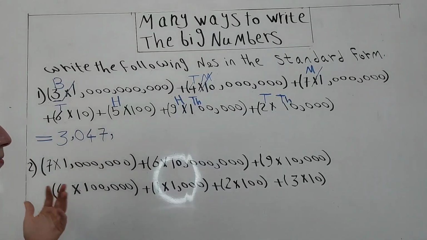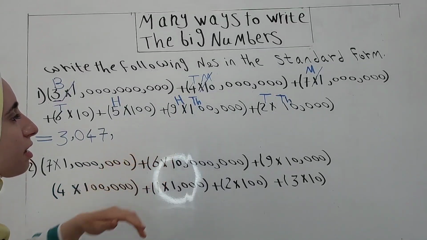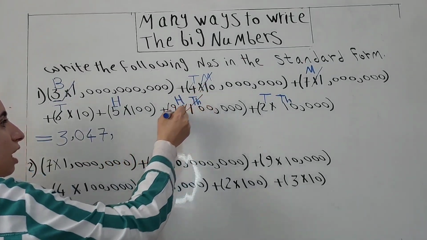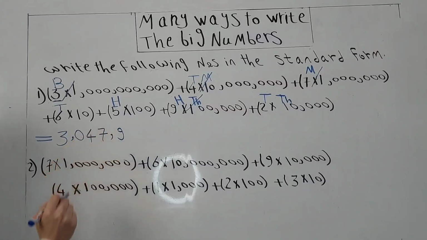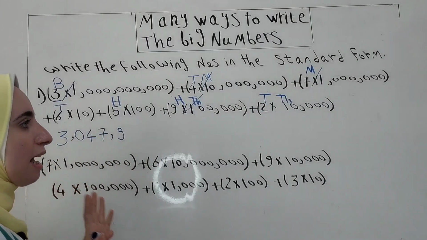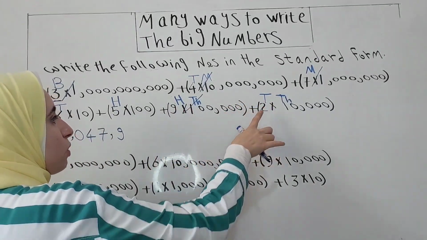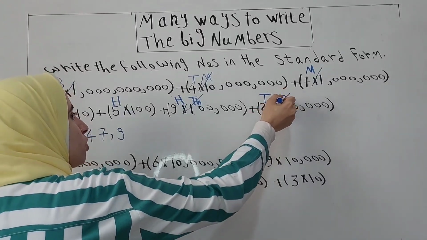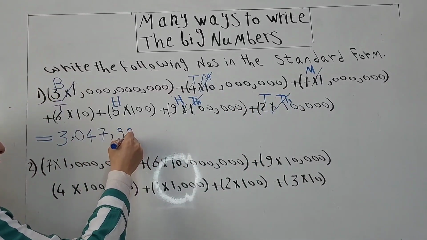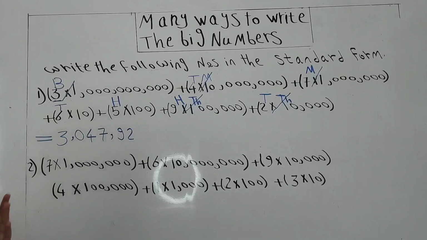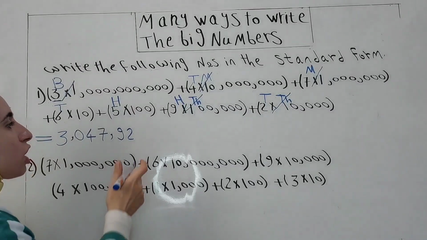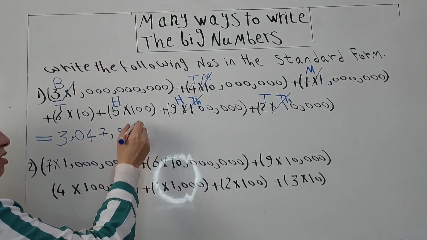The next higher place is 100,000. We found 9, so we write 9. The next higher place is 10,000. We found 2, so we write 2. The next higher place is 1,000, but we don't have any digit in this place, so we hold this place with 0.